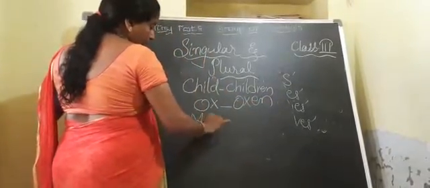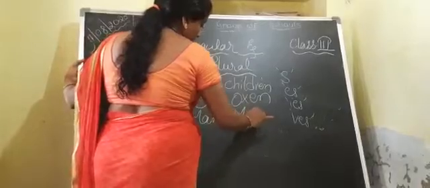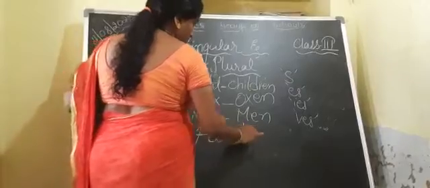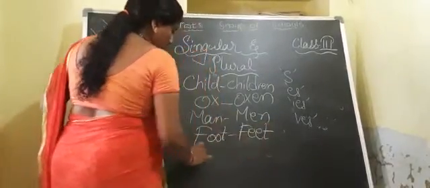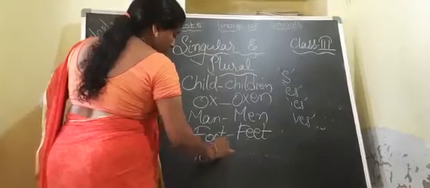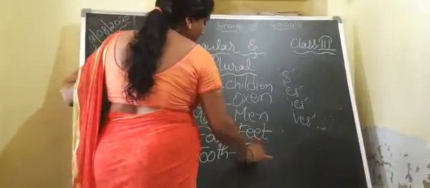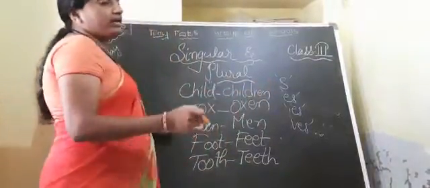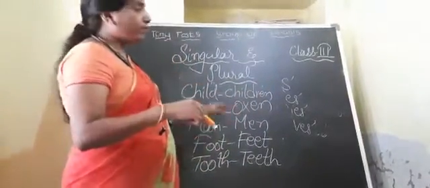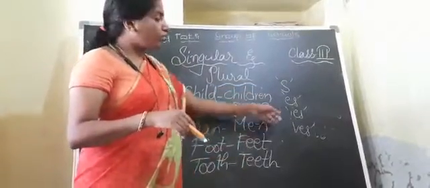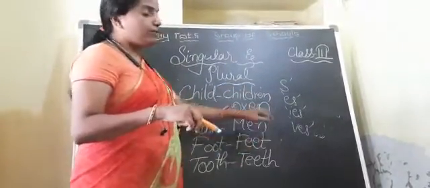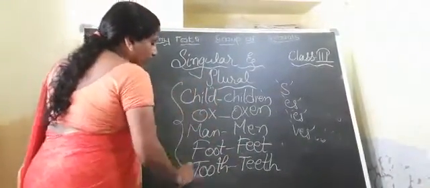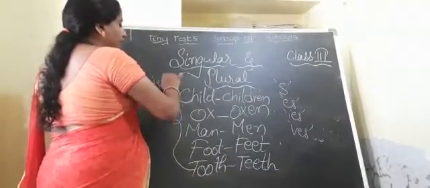Man, men. Foot, feet. Tooth, teeth. See, these plurals are in an irregular manner. Some plurals are formed by adding s, some by adding es, some by adding ies, some by adding ves, whereas some plurals are irregular.